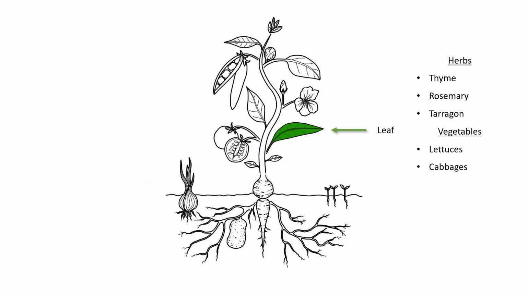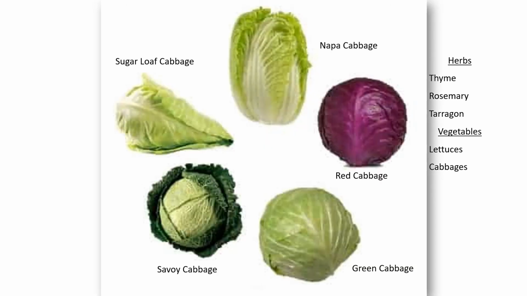Cabbages are part of the Brassica family as well, but there's a variety of different cabbages, again with very distinct characteristics, very distinct color, and different nutritional values. For example, anything that's red or purple is a good indicator that it's a high antioxidant source.